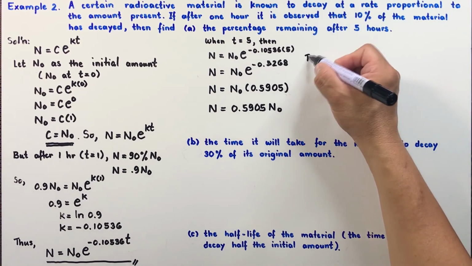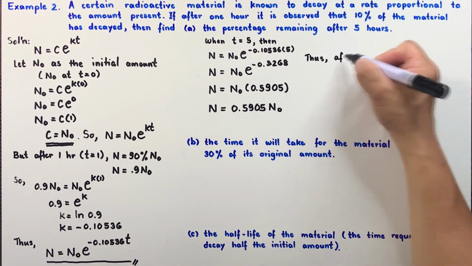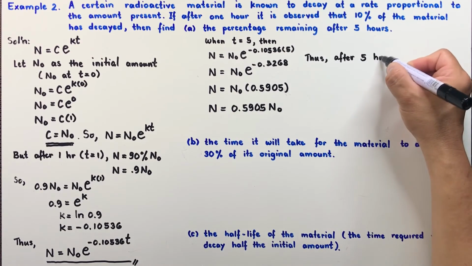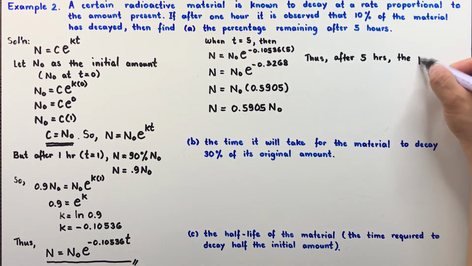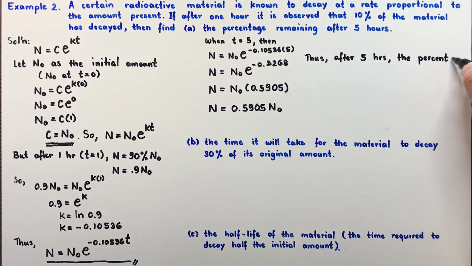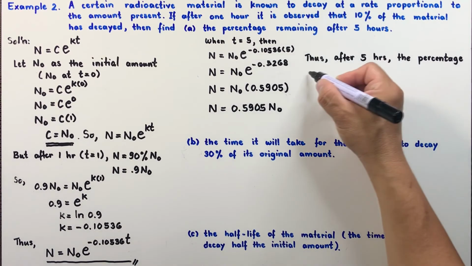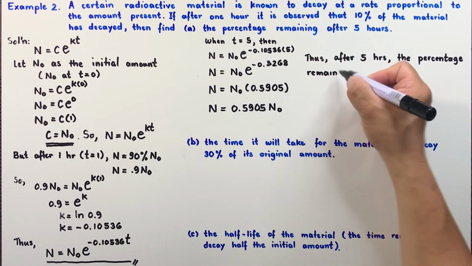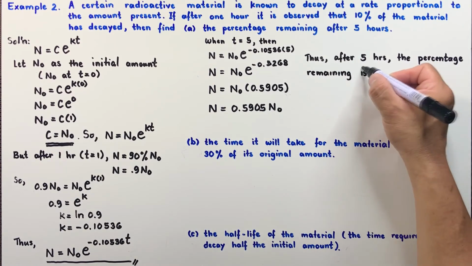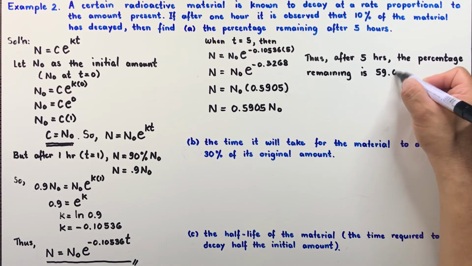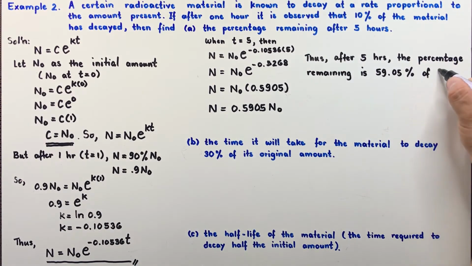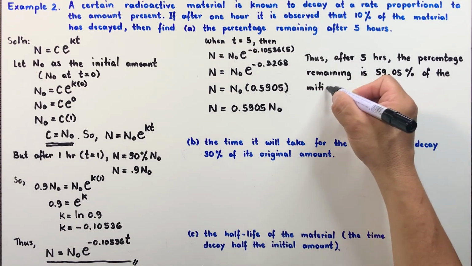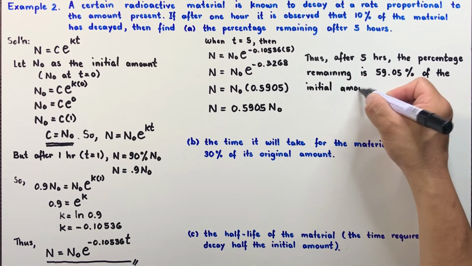So therefore we say that after 5 hours, the remaining percentage is 59.05% of the initial quantity or initial amount.